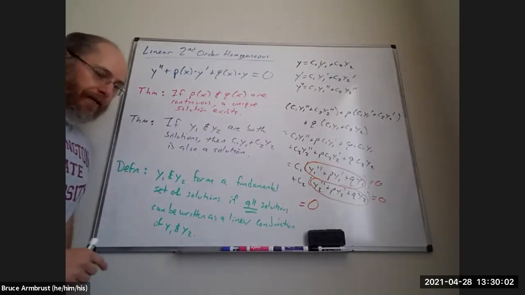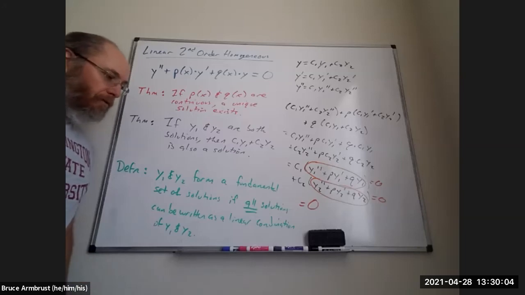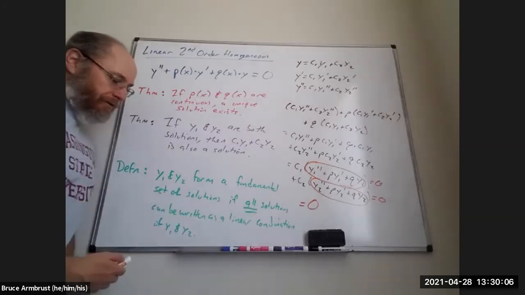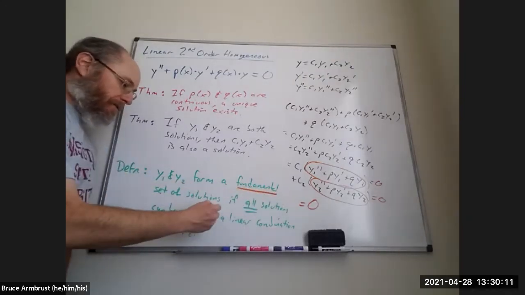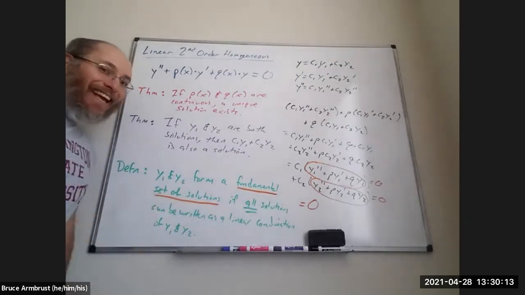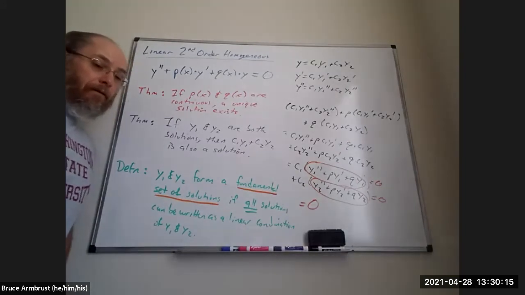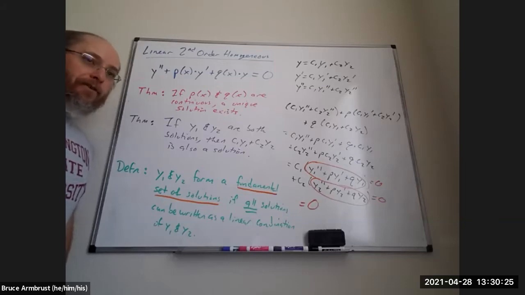This in green, we're requiring that all the solutions can be written as a linear combination of these guys. And that can't always happen. There are circumstances where you can have two different solutions to a differential equation, but there are other solutions that can't be written as linear combinations of them.